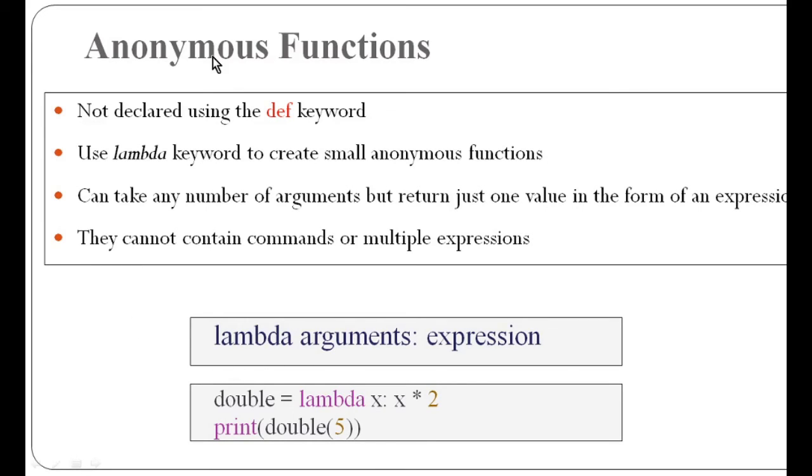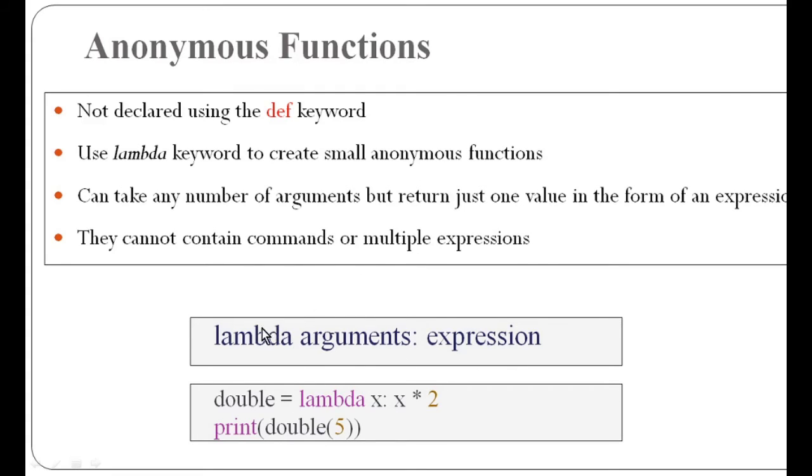Now we'll see the next one, anonymous function. That means we are not going to define a function using the def keyword, but instead we are using the keyword lambda. It is used to create small functions which do not have any name. You can take any number of arguments, but it will return only one value in the form of an expression. They cannot contain commands or multiple expressions.